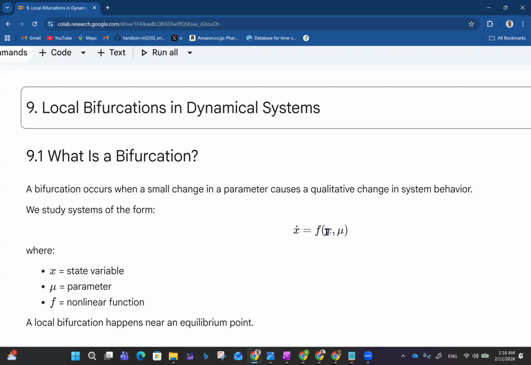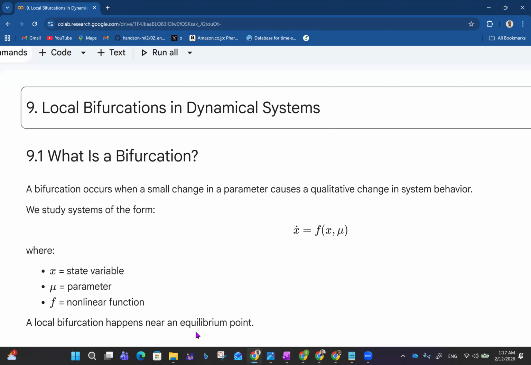The state variable describes whatever you might be considering, maybe population growth, maybe chemical reaction rate. Mu is the parameter that drives the system, and f is the nonlinear function. Of course, it has to be nonlinear for this kind of thing to happen.